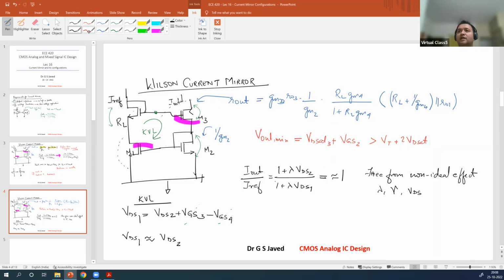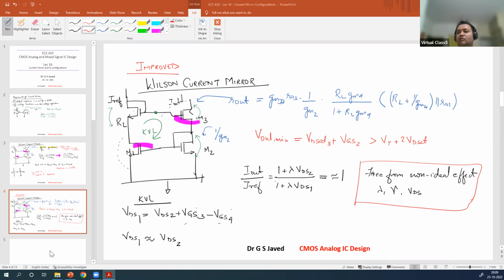This was given the name improved Wilson current mirror. The aim of this circuit was to make it free from non-ideal effects, to get a dependence on the circuit parameters. Since they are all crossly available, KVL will equally match and they are symmetrical on both sides, things get better and understanding comes out well.